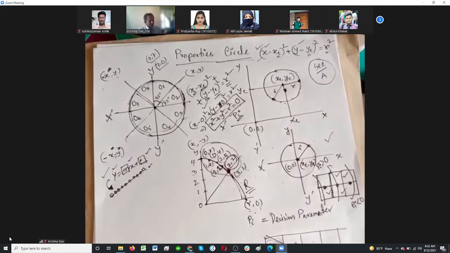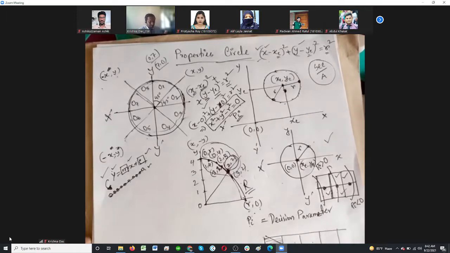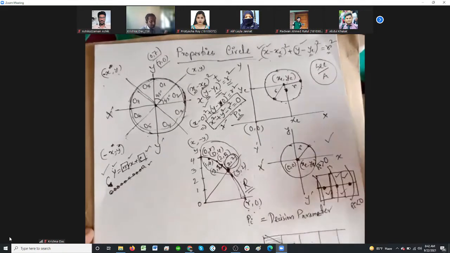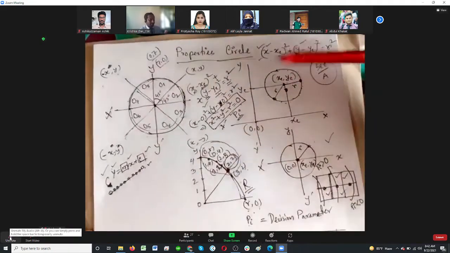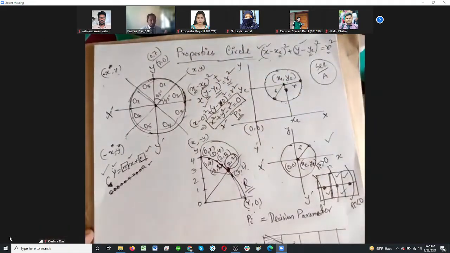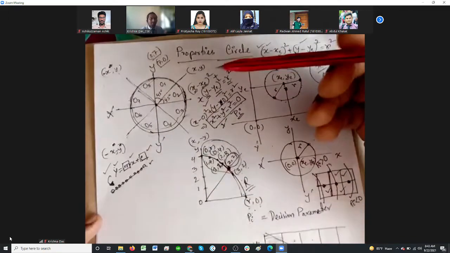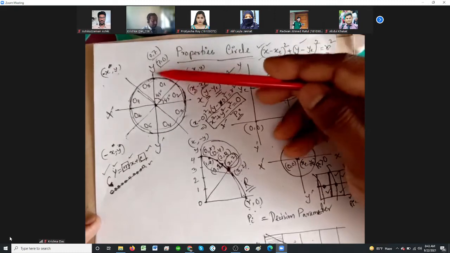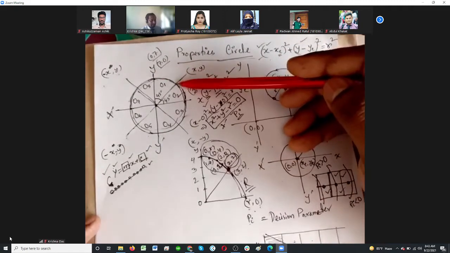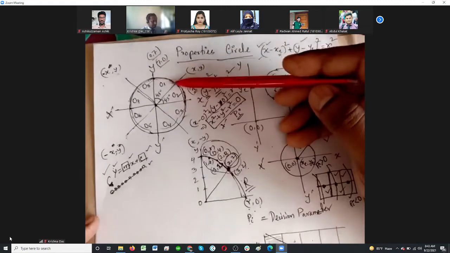Few students answered, but most could not. They tried to tell the formula of P of i or the decision parameter that we are going to discuss. But the main concern was the octant, the first octant, whose points we are going to identify the pixel values for.